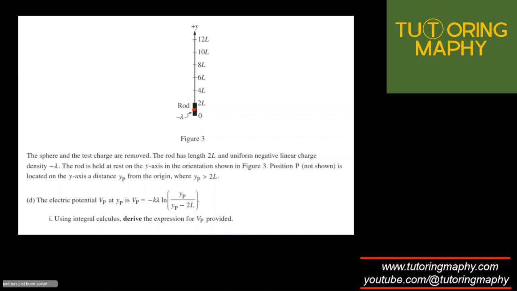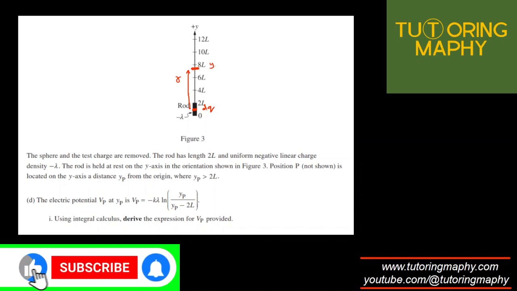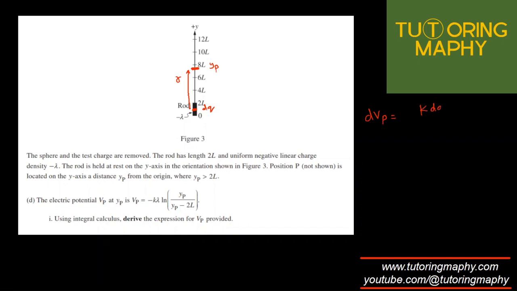First, let's take an elemental charge over here, which is dq. And from dq, let's go to some distance r, where the yp is located. So what will be the potential at yp? dVp, elemental potential, is going to be k dq over r.